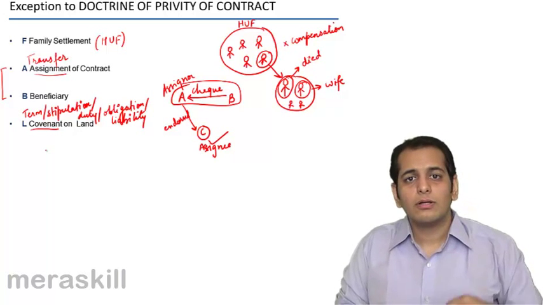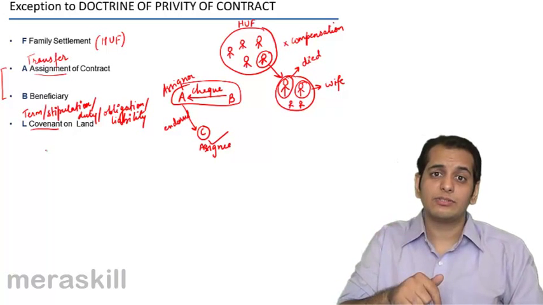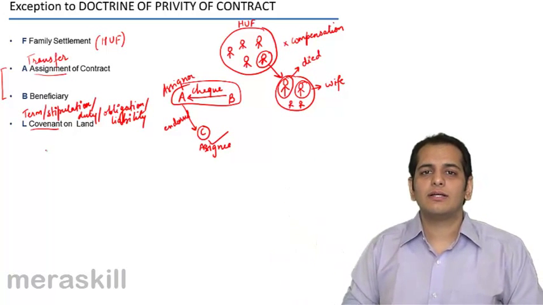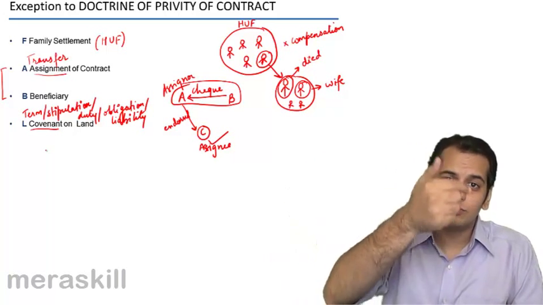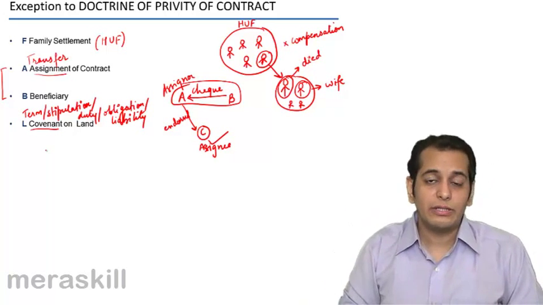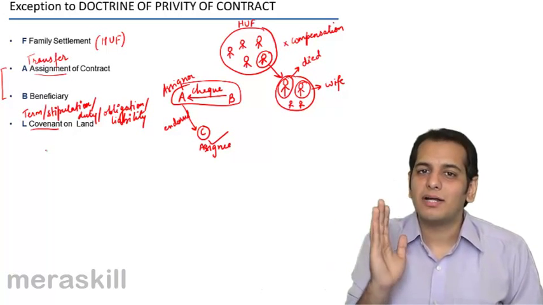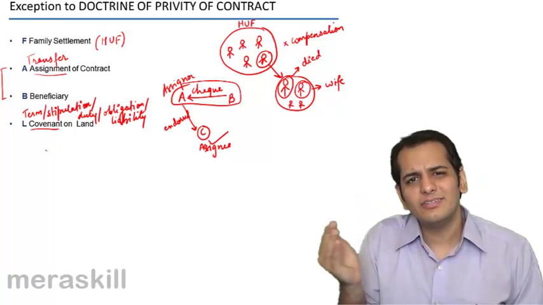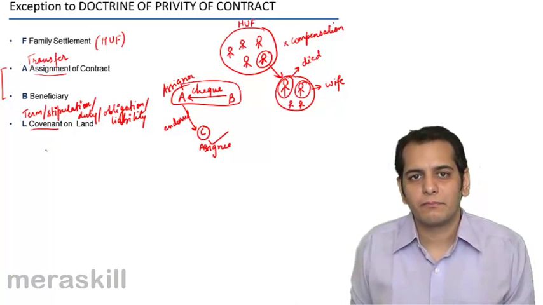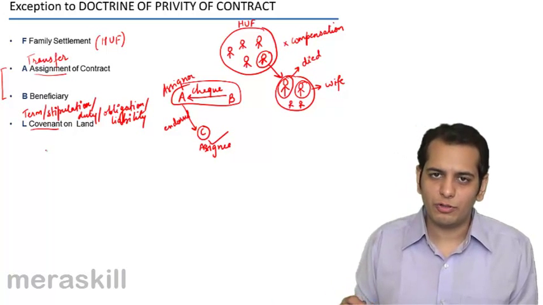The court imposes a duty on the buyer to follow the condition, and if the condition is not followed and the seller has died, the legal heir of the seller can enforce this duty. He gets the right to enforce this duty even though the legal heir is not a party to the contract. He is a stranger to the contract, yet he gets this right. He can sue him. So this becomes an exception to the doctrine of privity of contracts.